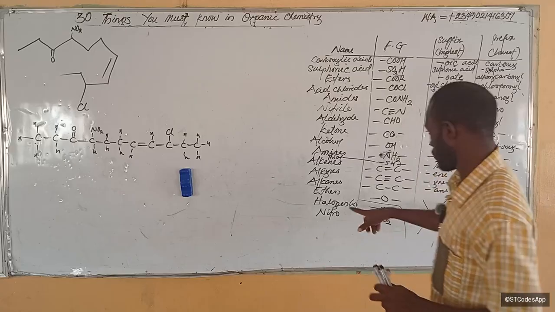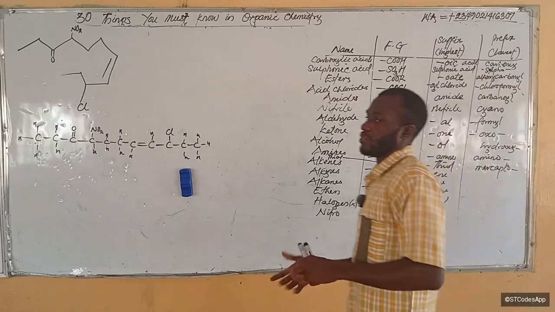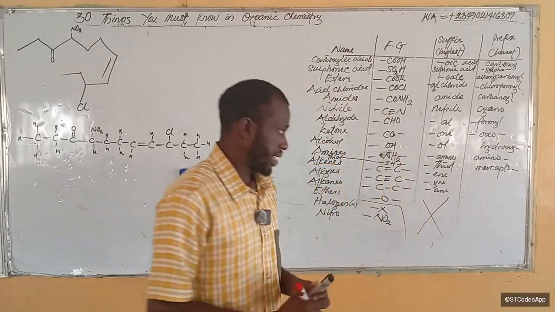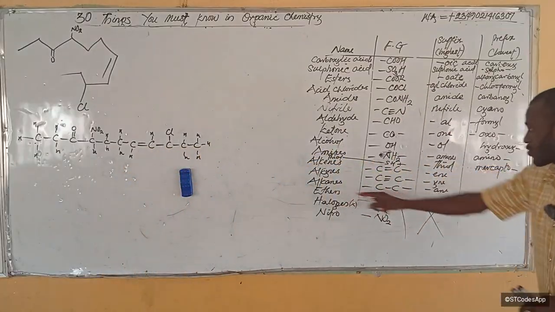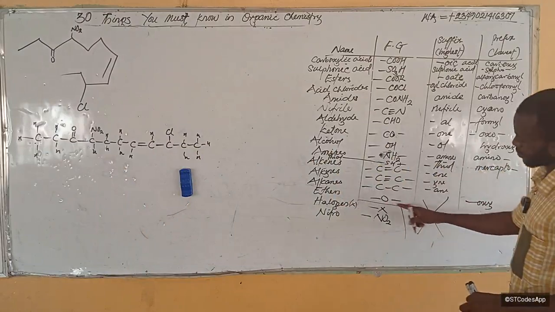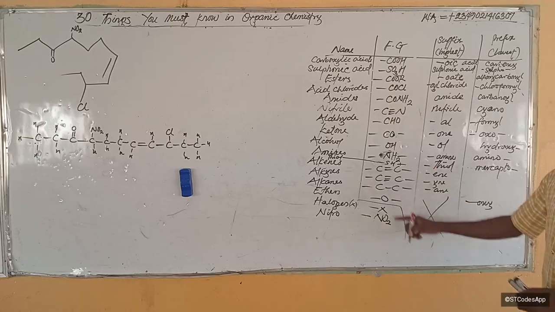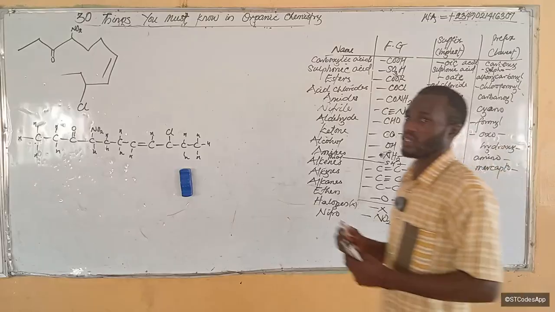The rest will be chloro, bromo, and nitro as it applies. This one now will be oxy, depending on what it is. For example, it could be methoxy or ethoxy, whatever it is for ethers. That's for the prefix. Is that okay?